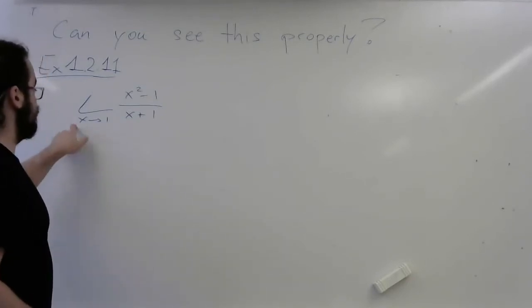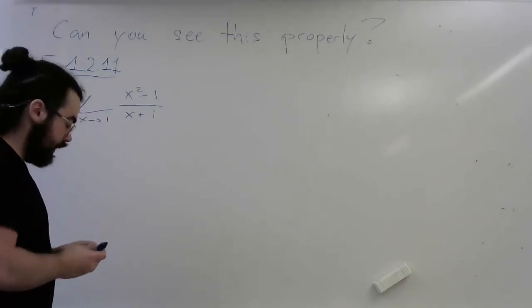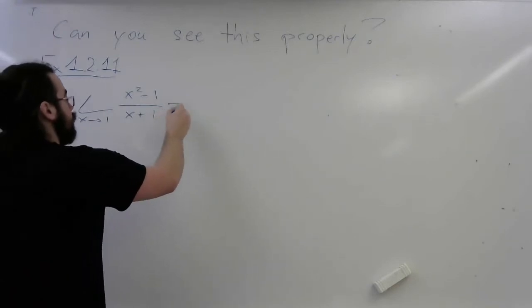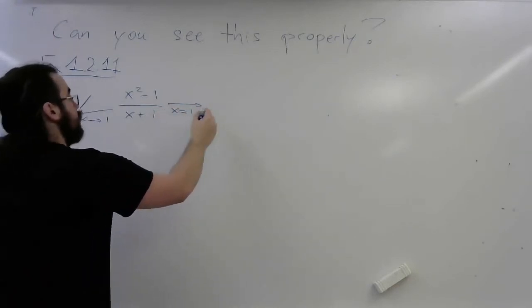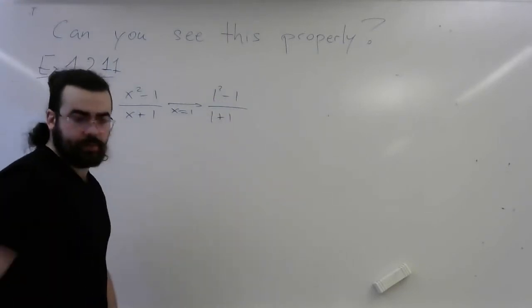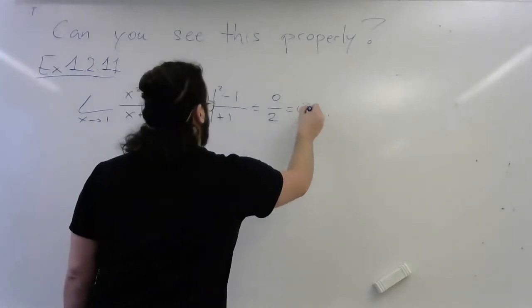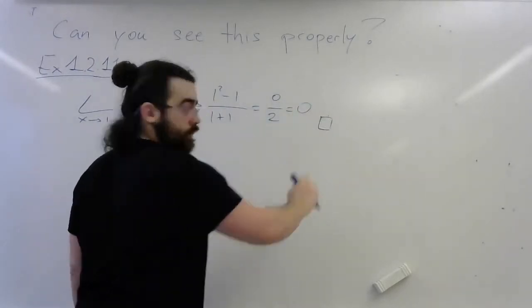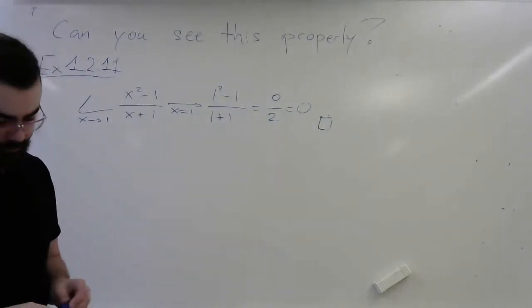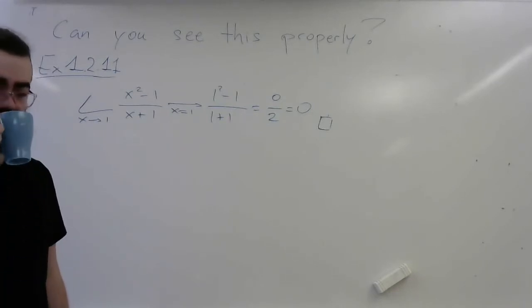If we evaluate this at 1, this is a continuous function, there is no problem with this. We evaluate this function at 1, and we see that this is (1 squared minus 1) divided by (1 plus 1), which is 0 over 2. And we're done. Now, questions about this quotient of polynomials?